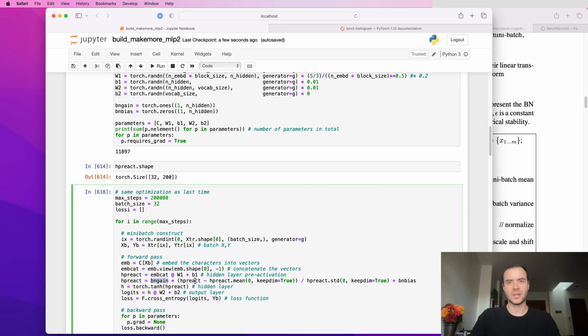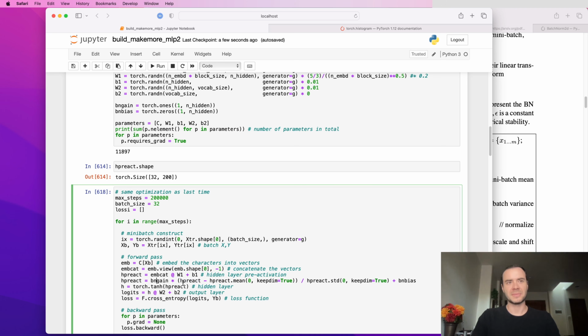Because this is initialized to 1 and this to 0, at initialization each neuron's firing values in this batch will be exactly unit Gaussian and will have nice numbers. No matter what the distribution of the hpreact is coming in, coming out it will be unit Gaussian for each neuron. And that's roughly what we want, at least at initialization.